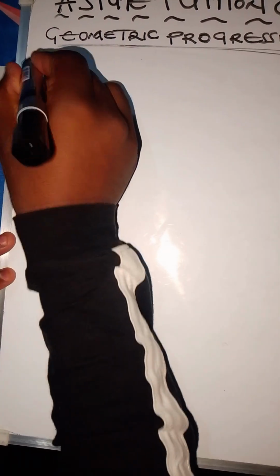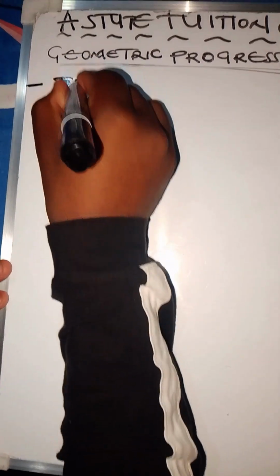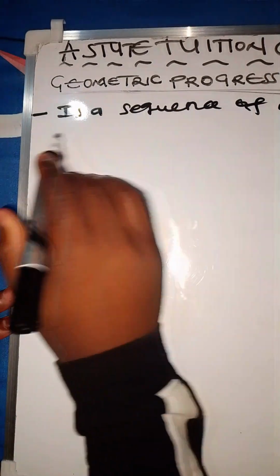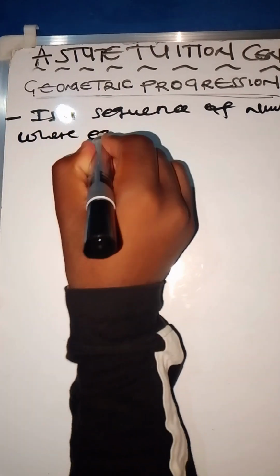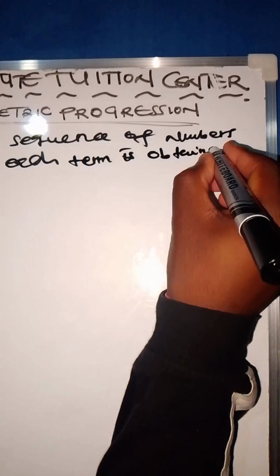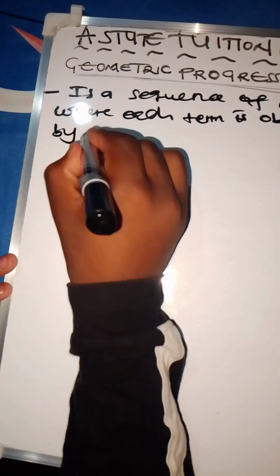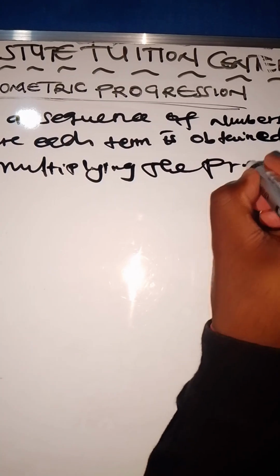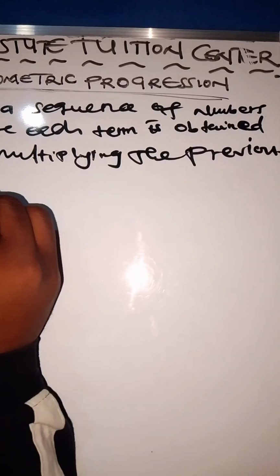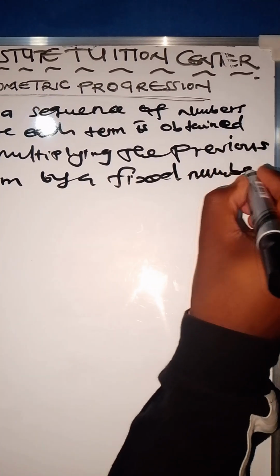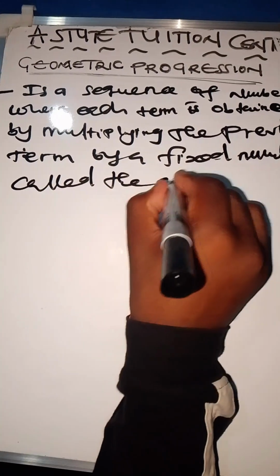First of all, we need to know that GP, or geometric progression, is a sequence of numbers where each term is obtained by multiplying the previous term by a fixed number called the common ratio.